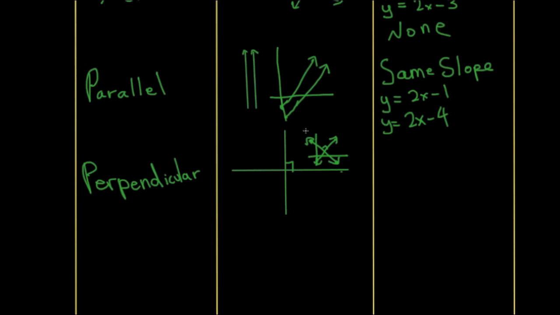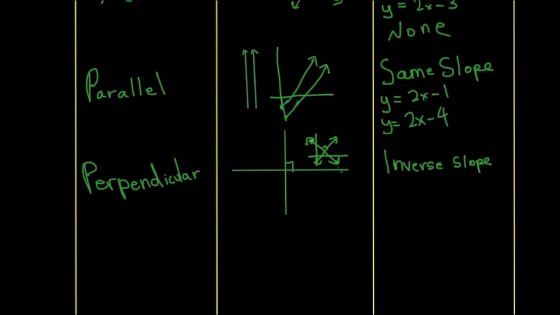But there is some sort of proportion to how this one slopes downwards and this one slopes upwards. So we would say that perpendicular lines have inverse slopes. By inverse slopes I mean that they have the negative reciprocal of each other.